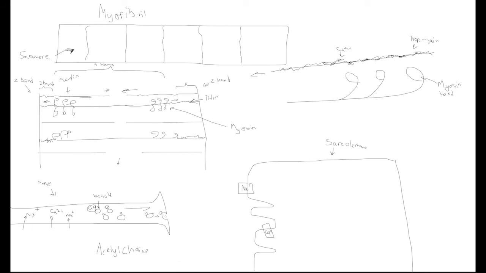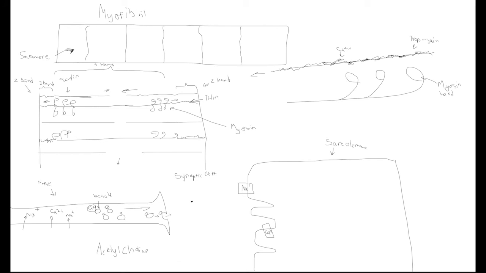The acetylcholine from inside the vacuole is going to be able to leave through the terminal. All right, so this acetylcholine is now going to be in the synaptic cleft.